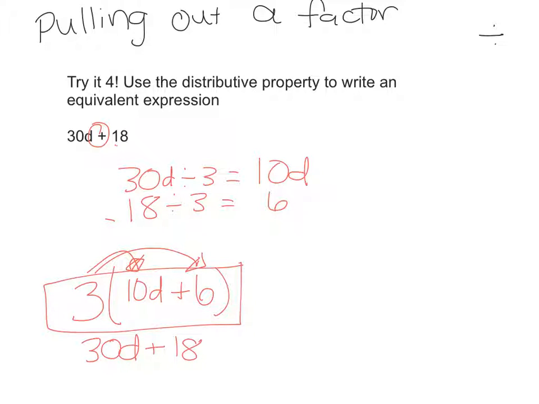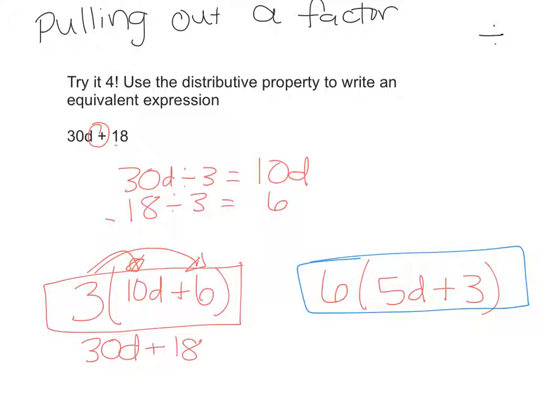Another thing you could have done, though, is gone a little further and said, well, 6 is a greater common factor that we could have removed. Totally true. If you remove 6 instead, it would look something like this: 5d plus 3. That's another equivalent expression. Completely acceptable. What if you would have removed 2, because 2 is a factor of 30 and 18?